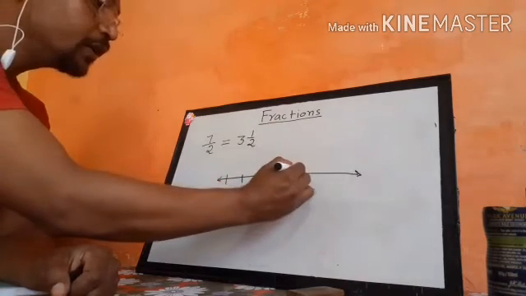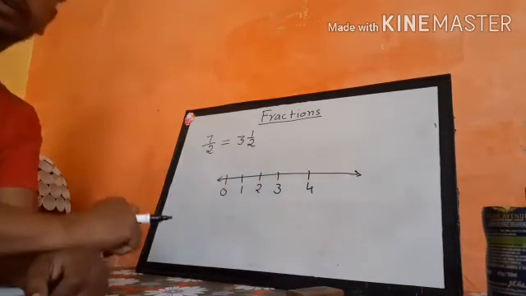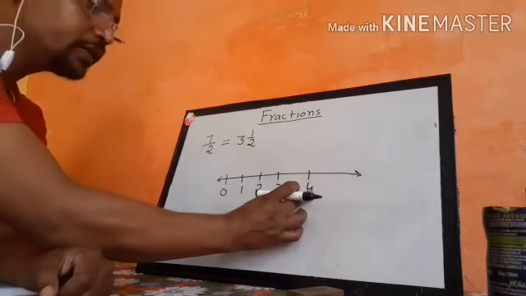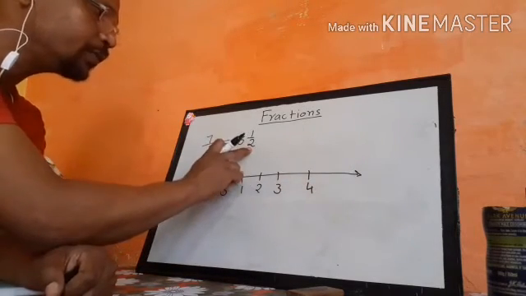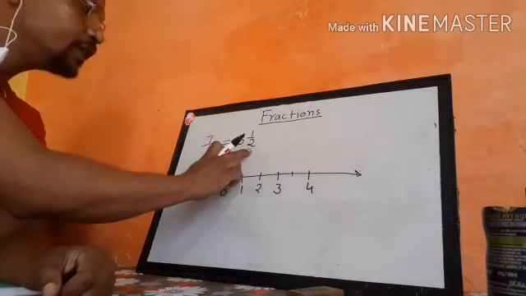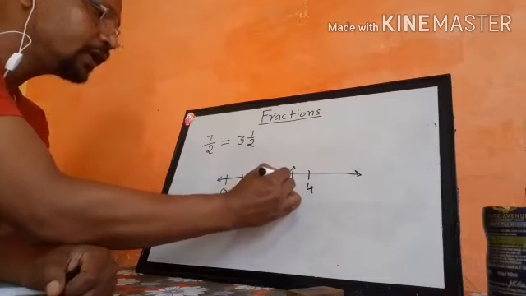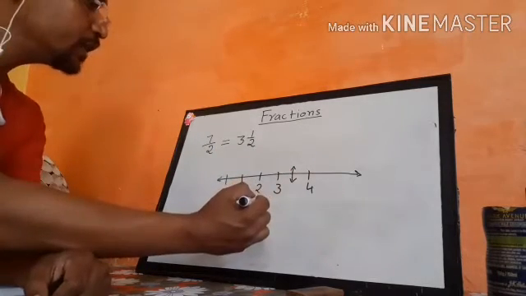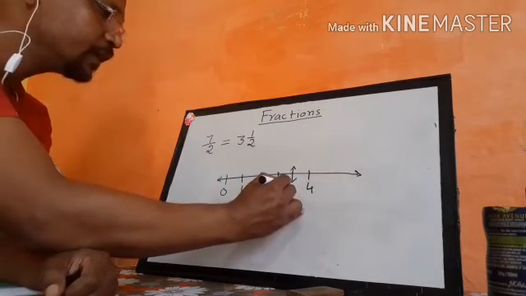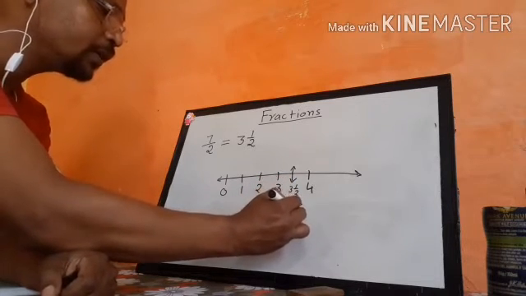For the half you will choose the next whole number. Now divide this gap into 2 equal parts, that is your denominator. So I have divided it. Out of these two, choose 1. So this is the 1 part, so I have put an arrow on this, and this will represent 3 right 1 upon 2, or 7 upon 2.